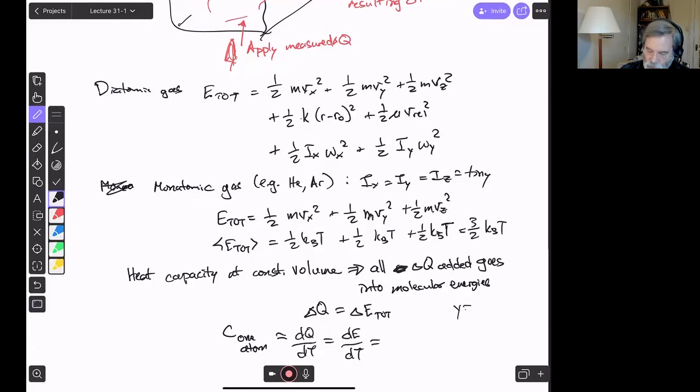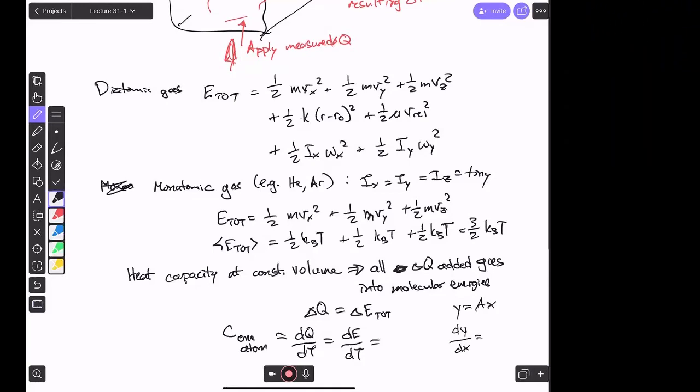Let's say y equals ax, and I asked you what's the derivative of y with respect to x? It's just a, exactly.